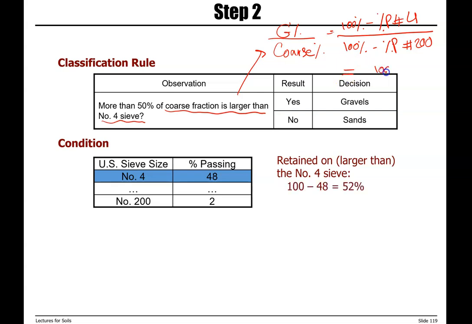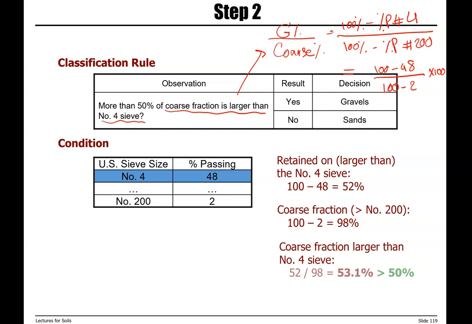So it's 100 minus 48 divided by 100 minus 2 times 100, which gives us 53.1%. More than 50% of coarse fraction is larger than number 4?